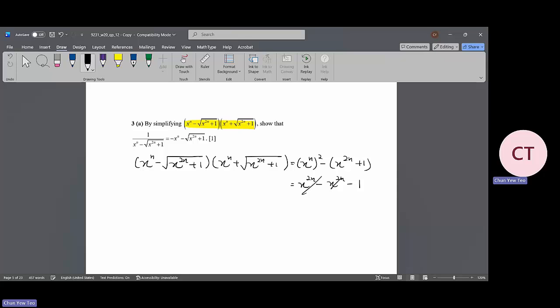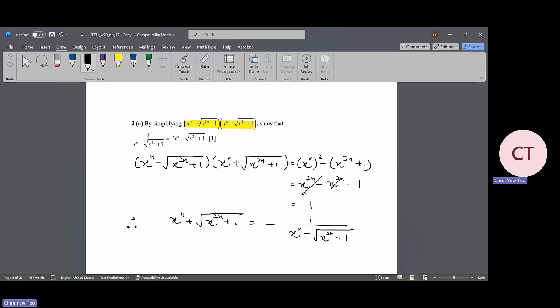Then you can cancel it off, so you get negative 1. Therefore, negative x power n plus the square root of x power 2n plus 1 is actually negative 1 over x power n minus the square root of x power 2n plus 1.